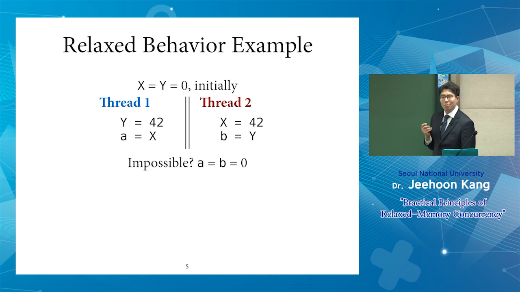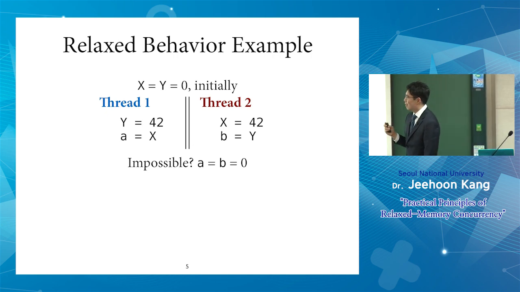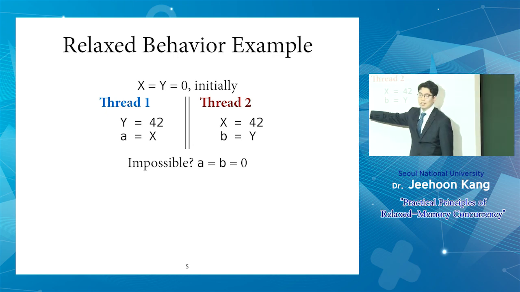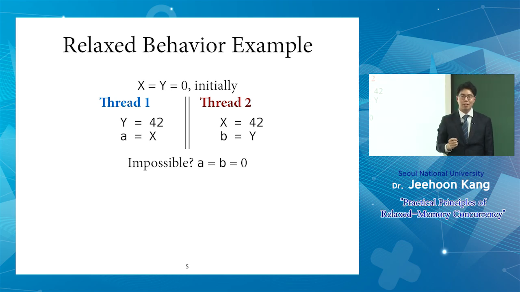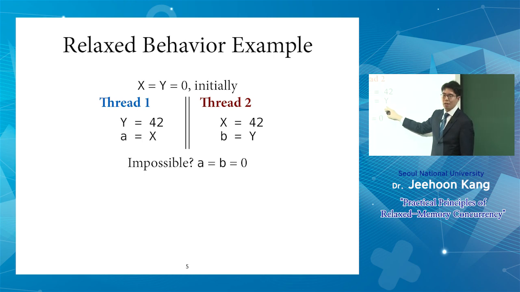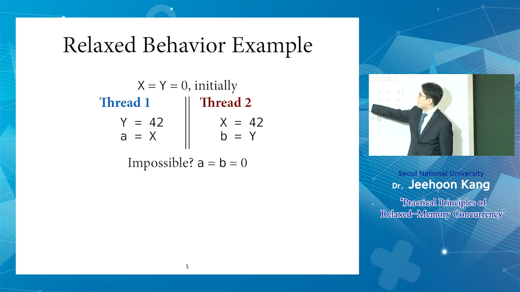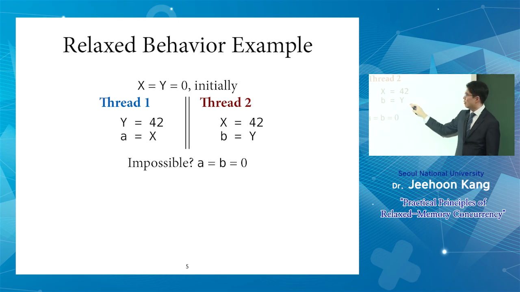You may think that it's impossible because either this load instruction or that load instruction should be the last instruction to be executed. So suppose that this is the last instruction. Then this write instruction is executed before this load instruction, so it should read from this 42.